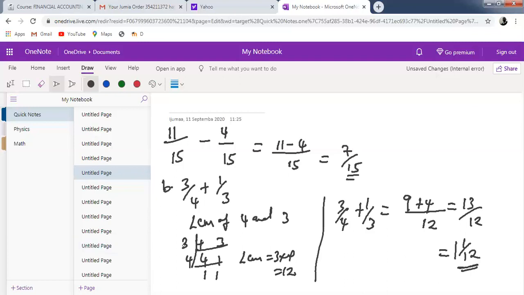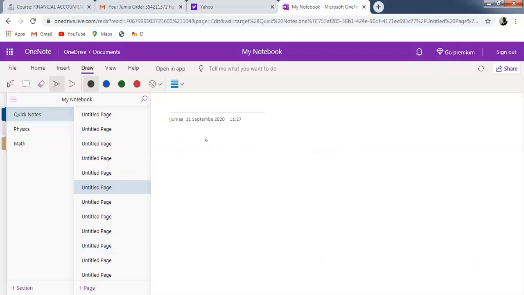So having noted how we do it, even in subtraction you apply the same approach, whereby you can have 8 over 13 plus maybe 5 over 7. You need first of all to get the LCM of 13 and 7.